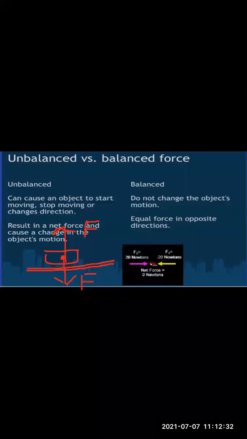In this case, the book is not going to move anywhere. But what if I apply a force in this direction? What would happen? The book will move in the forward direction. So this force is going to be called an unbalanced force. So these are the differences between balanced and unbalanced forces.